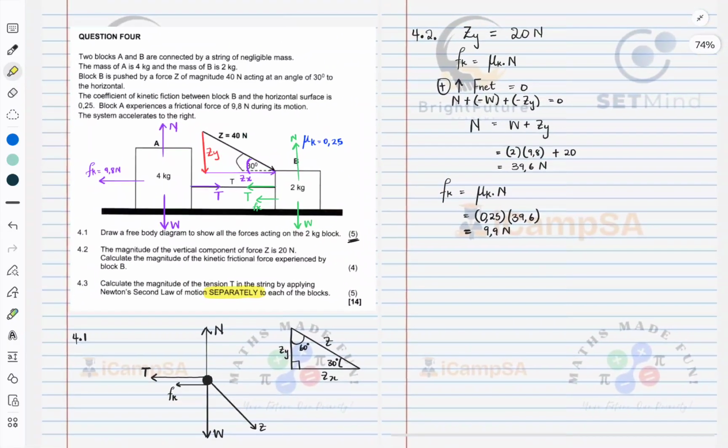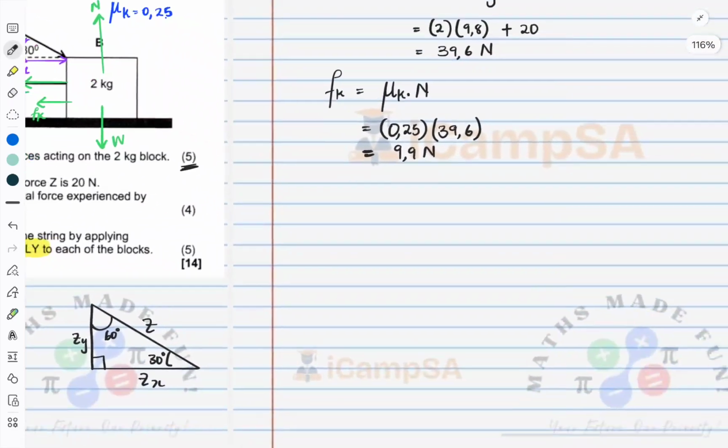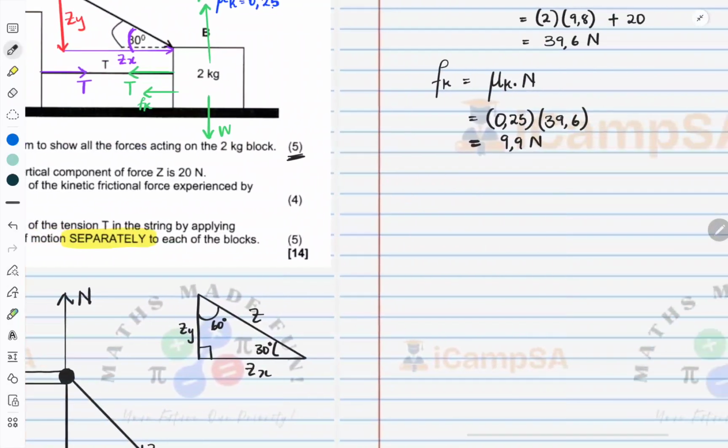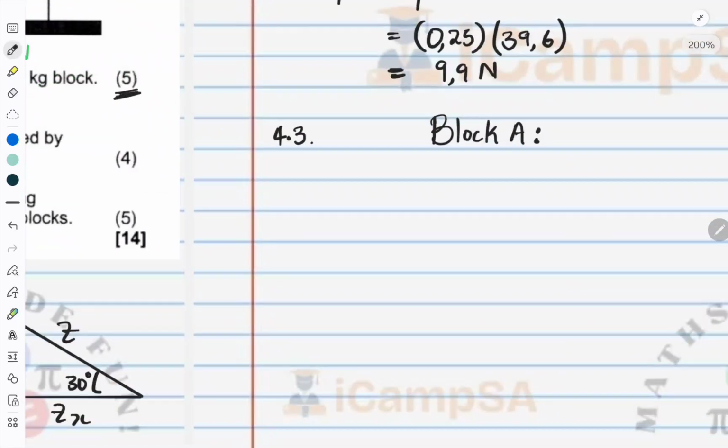We can start with block A. Let's go alphabetically. Block A, and you do tell us that I'm focusing on block A for now, otherwise how will we know?